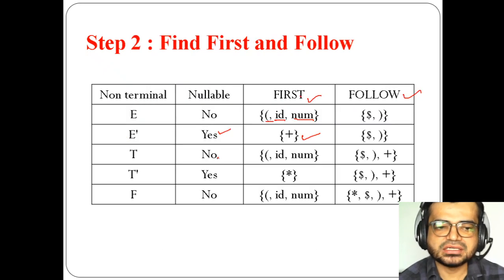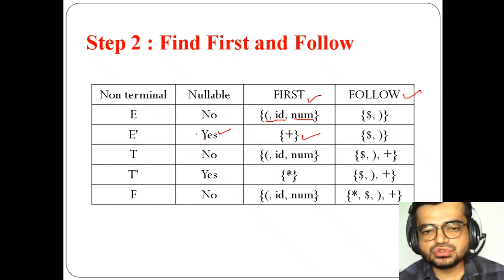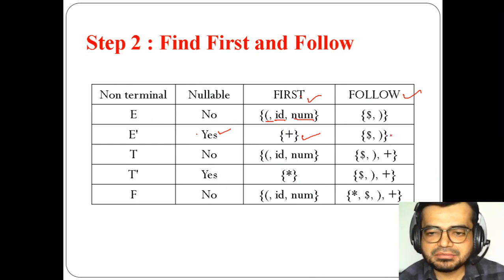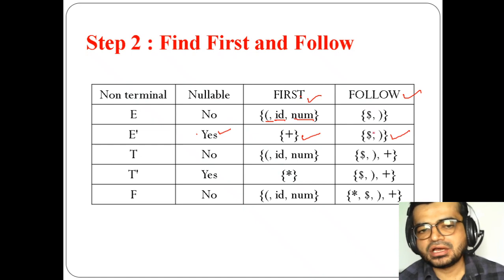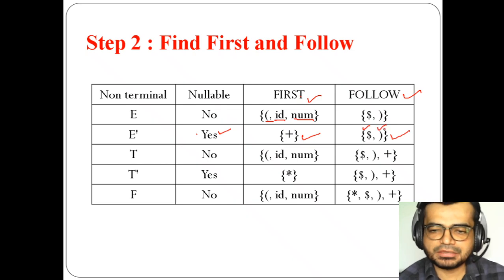Now there is a twist here. The twist is that it is nullable. Whenever a given non-terminal is nullable, you have to check the follow of that non-terminal as well. So as it is nullable, where is it followed? It is followed by dollar and by closing bracket.